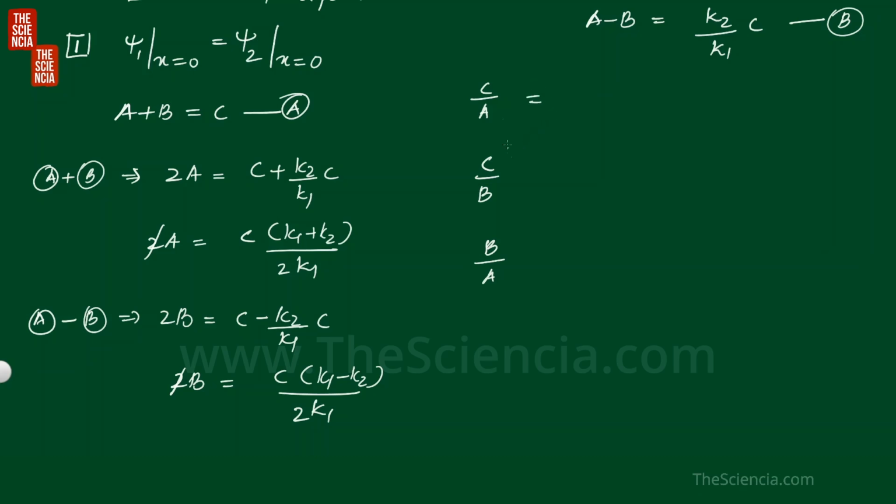The first one, c by a, we will get as 2k1 by (k1 plus k2), and the next one, c by b, we will get as 2k1 by (k1 minus k2), and from these two equations we can find b by a, which will be equal to (k1 minus k2) by (k1 plus k2). So by substituting these constants in the wave function, we will get the exact solution of the particle in a step well.